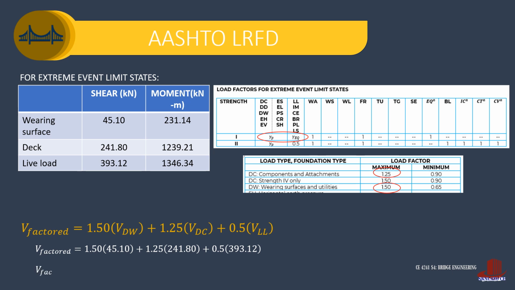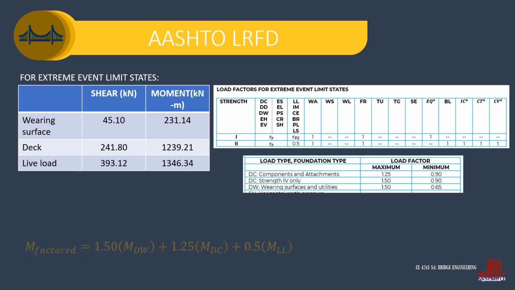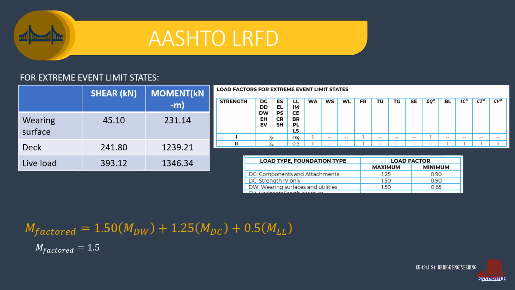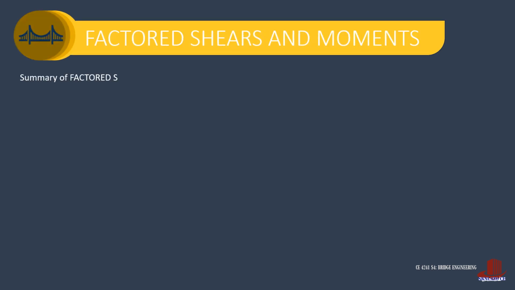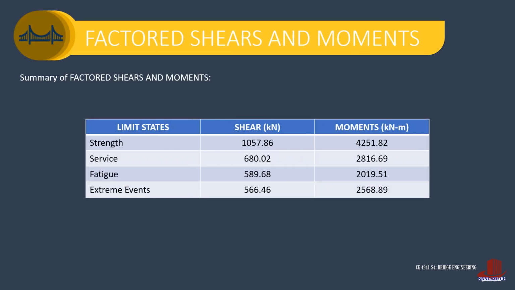This is simplified as 566.46 kilonewtons. For the moment, we have 1.5 of 231.14 plus 1.25 of 1,239.21 and 0.5 of 1,346.34, giving 2,568.89 kilonewton meter. The shear and moment values used in designing the bridge relies on the different limit states.